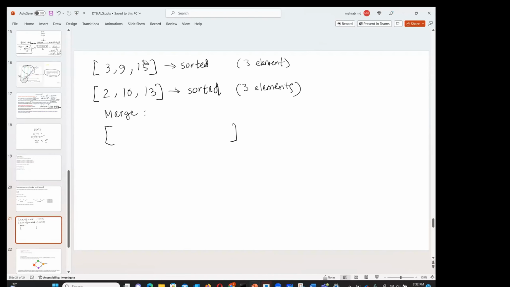In some cases, you can say that, okay, I got it. But can I say that the smallest here would be either this or this? Yes. The smallest here is going to be either this or this.